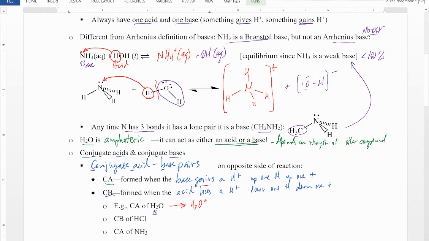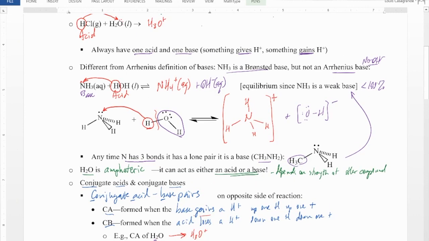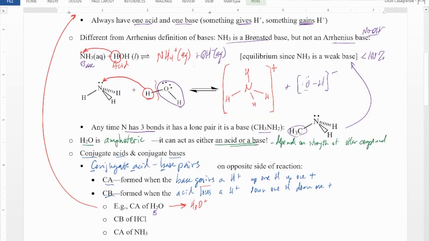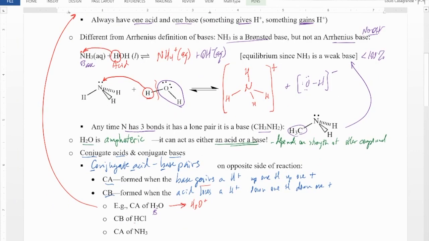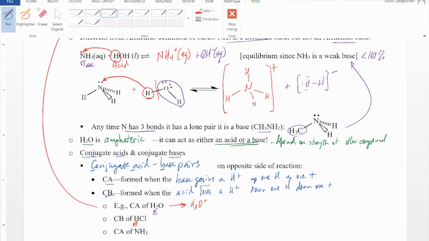And notice that we have that up above in the first reaction with the HCl. So the H3O plus is our conjugate acid. Meanwhile, we started with the acid HCl. So that was our acid.